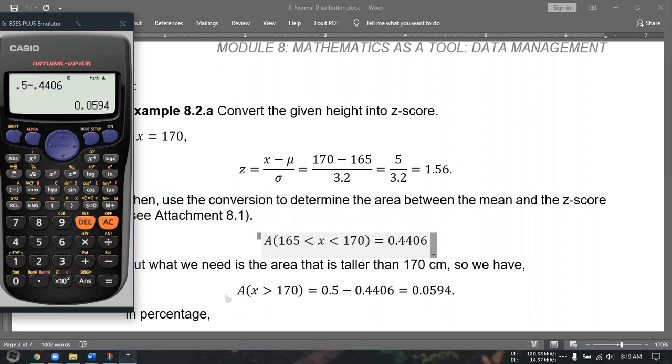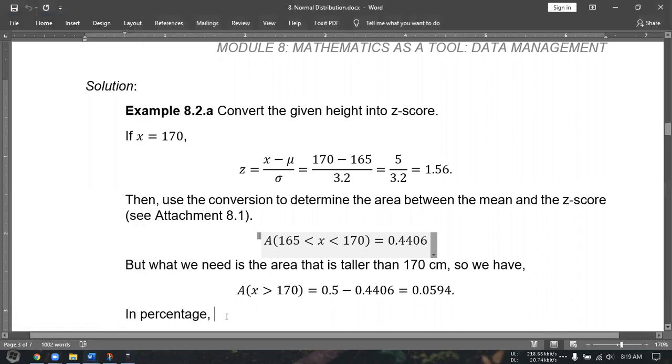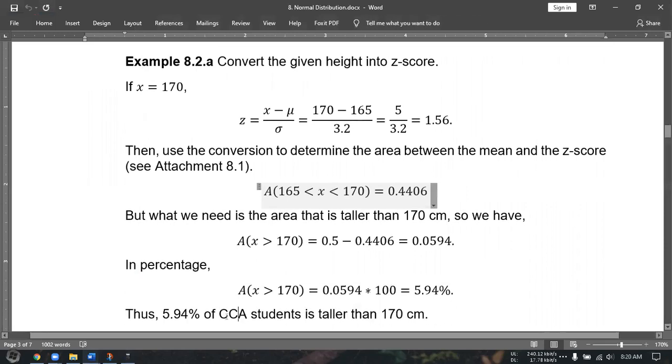Okay, and then we need the percentage of the CSA students. Just multiply this by 100. And then 5.94%. So the fifth step: we have to state our final solution or final answer in a complete sentence. This is the conclusion.